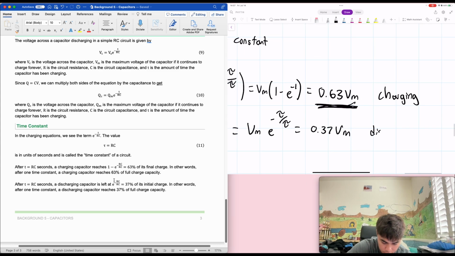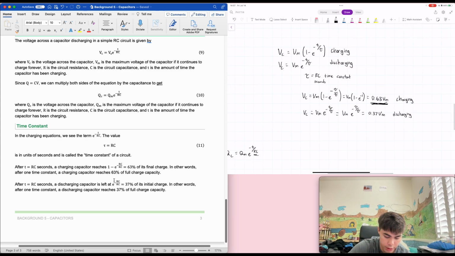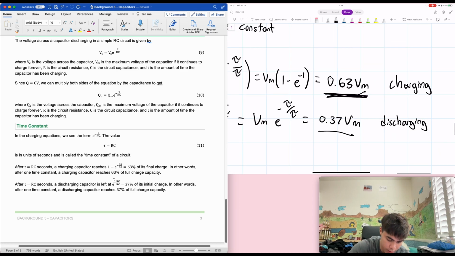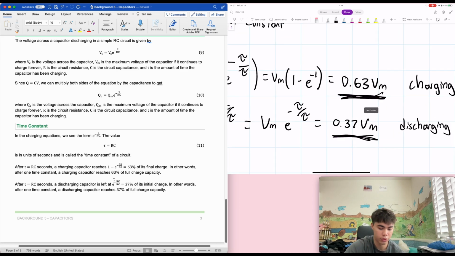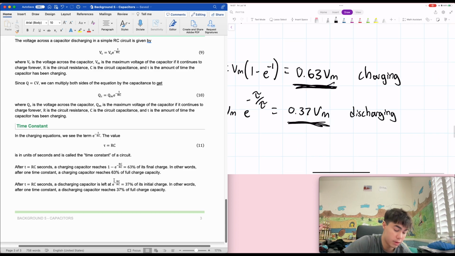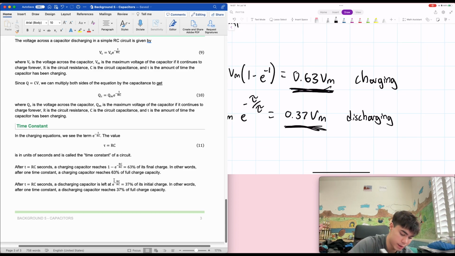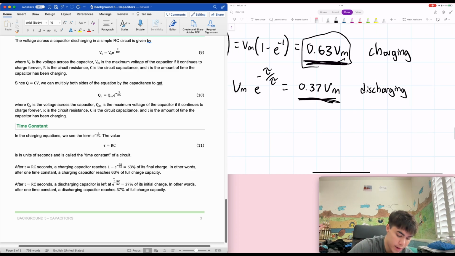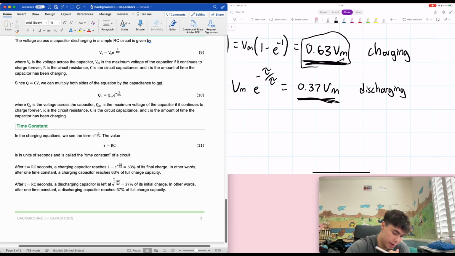And this is a discharging capacitor circuit. So after one time constant, a charging capacitor is charged to 63% of its maximum voltage, and a discharging capacitor has lost 37% of its original voltage.